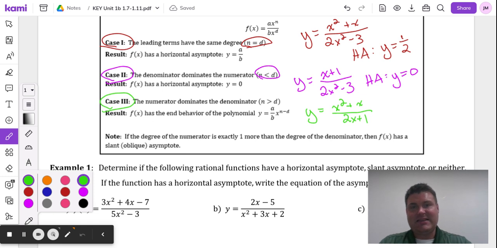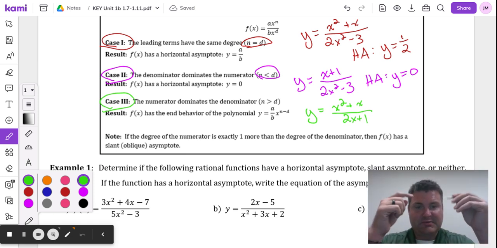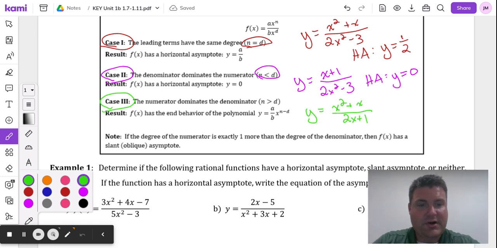It's actually going to be slanted, or it could be parabolic. What we do here is take the power on top and subtract the power on the bottom. So we're going to have a slant asymptote, SA for slant, that has y equals 1 over 2x.